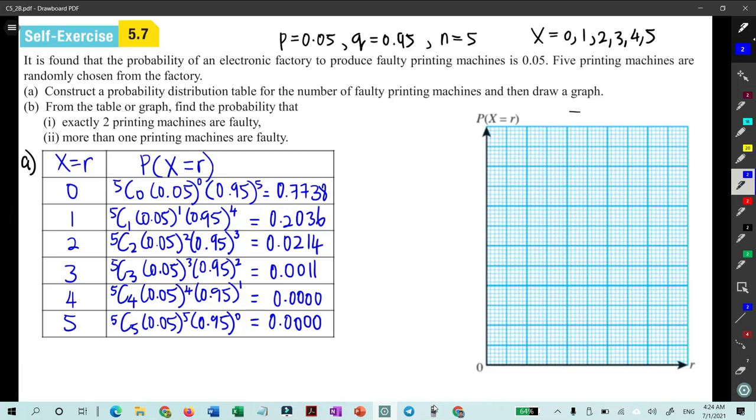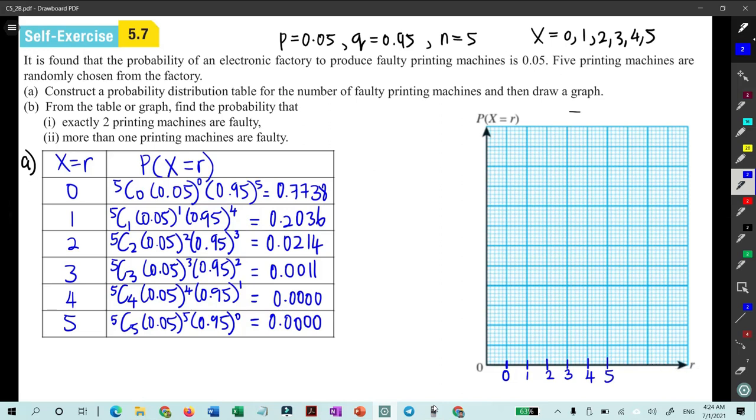Okay, so based on these values, we're going to draw a graph. Let me label here 0, 1, 2, 3, 4, and 5.